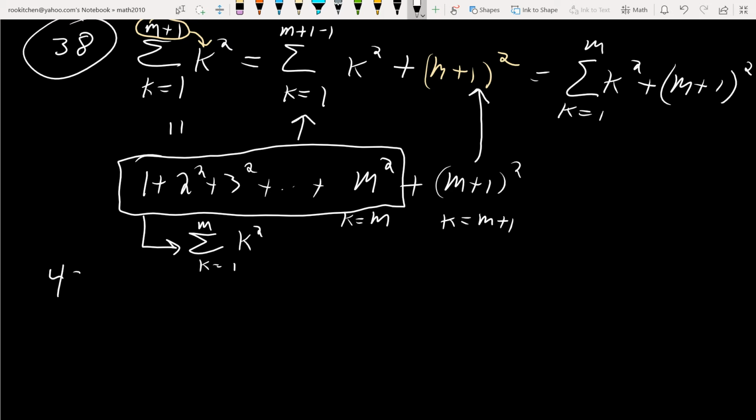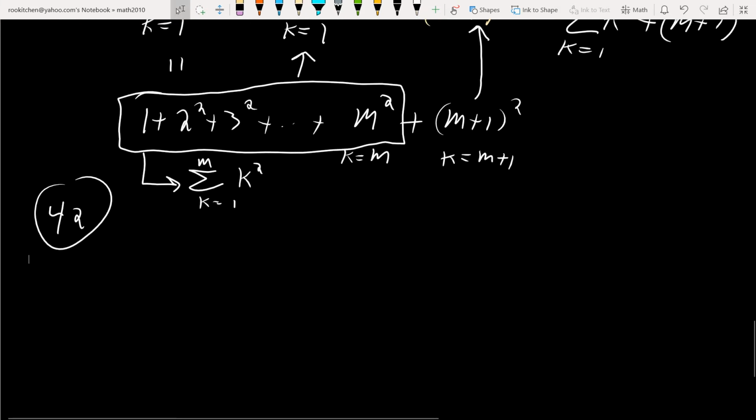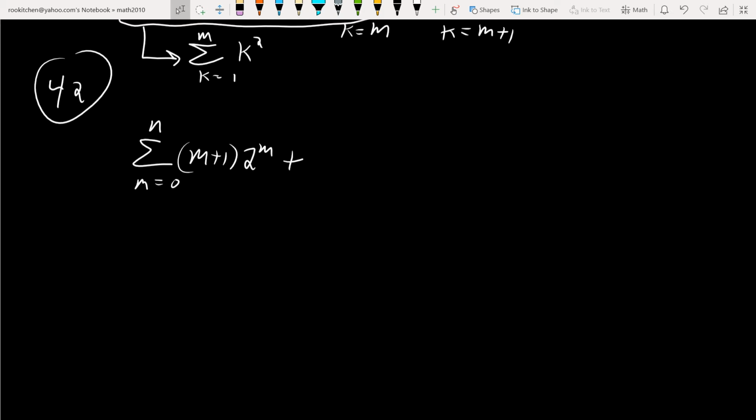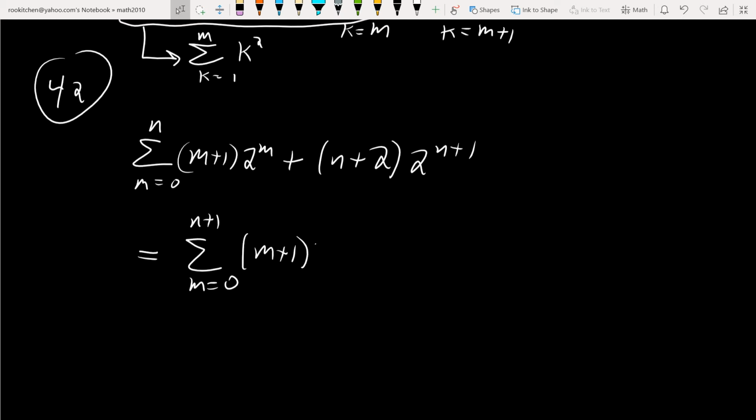You also want to be able to rewrite these things as single terms, so they'll give you the separated version, and then you have to rewrite it. So you have the sum here from m equals 0 to n of (m plus 1) times 2 to the m, plus (n plus 2) times 2 to the n plus 1. Okay, so we could rewrite that as a sum from m equals 0 to n plus 1 of (m plus 1) times 2 to the m.